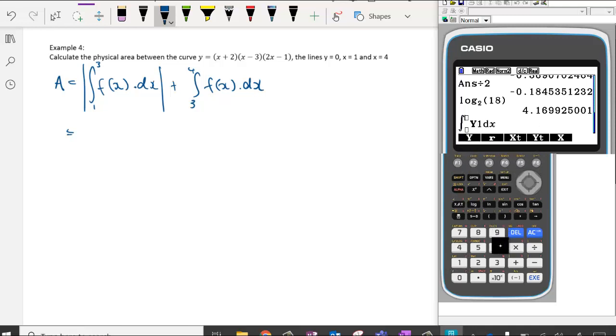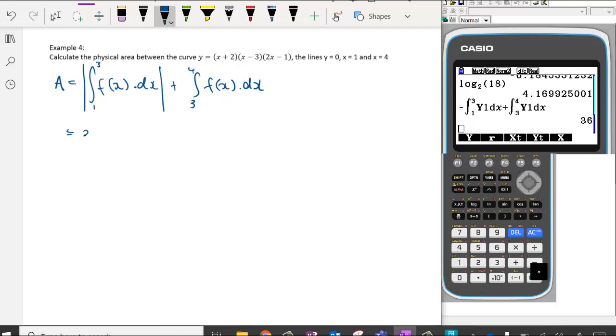So if this is between 3 and 1 and we want to make it positive, we'll just go absolute value, or it's probably easier just to put the negative in front, plus, and again we can go math integral and vars graph y1, and this time it's between 4 and 3. We can calculate that and we get our area of 36 units squared.